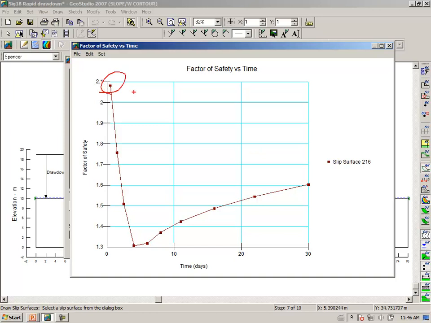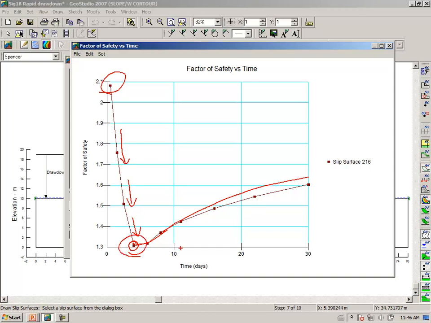Under long-term steady-state conditions, the stability of the upstream face is very high, but then as the reservoir disappears, the factor of safety is going down. But then we reach a point where the factor of safety is a minimum, and then once again, as the excess pore pressure dissipates, the factor of safety begins to increase.